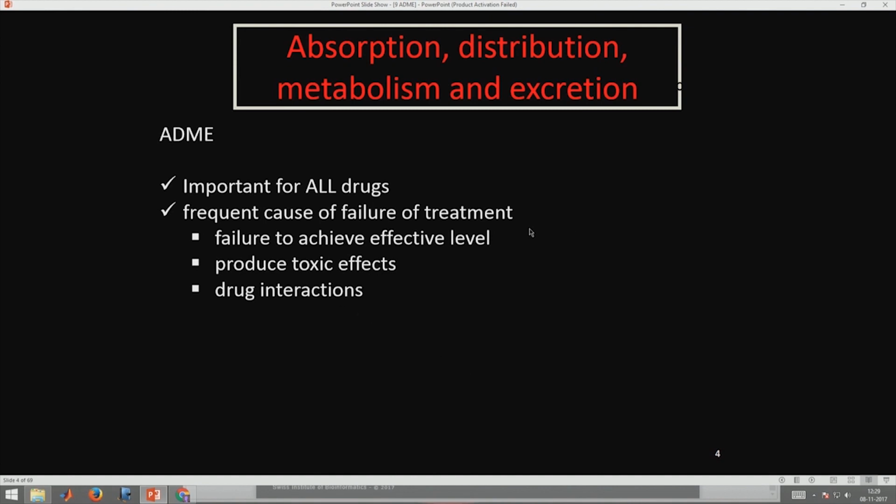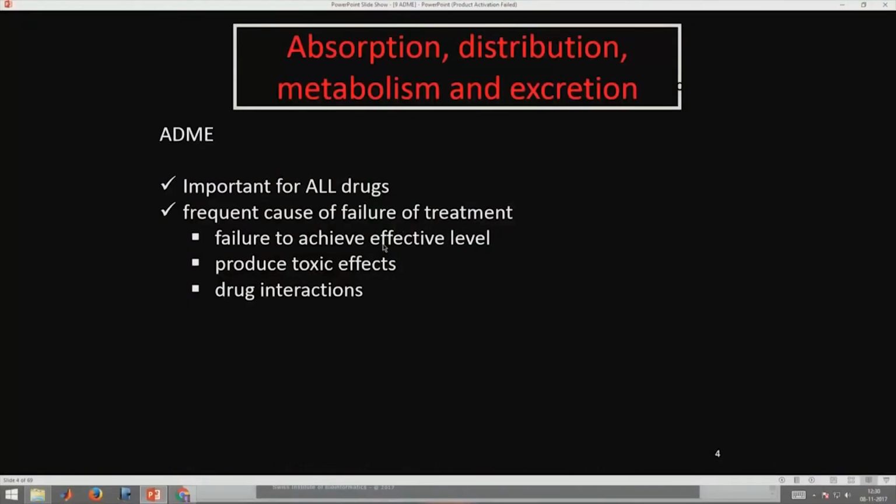If I am having a bacterial infection, my concentration of the drug at the infected site should be higher than the minimum inhibitory concentration of that bacteria, so that the bacteria gets killed. Okay, so that is called the effective level. Or it may produce toxicity. Sometimes the concentration may be too much, and it may be producing toxicity.